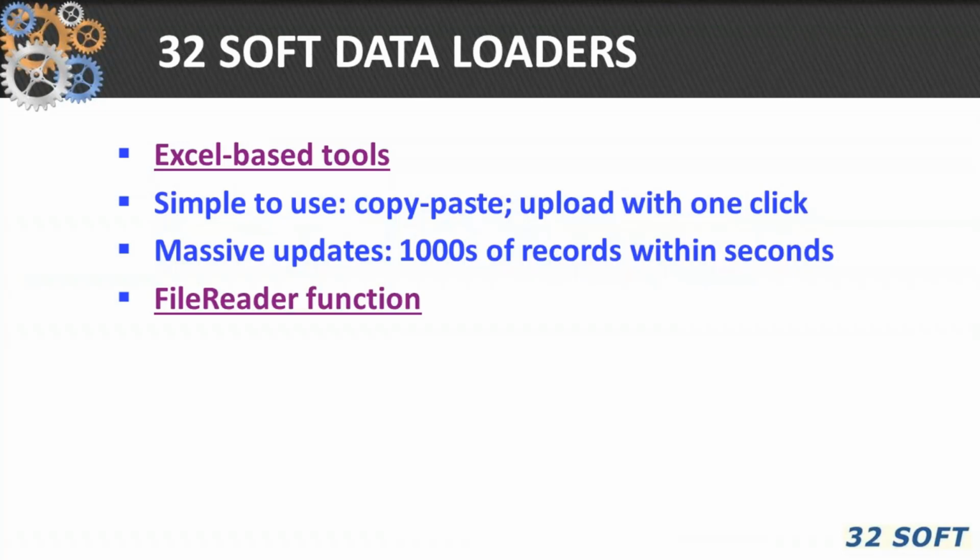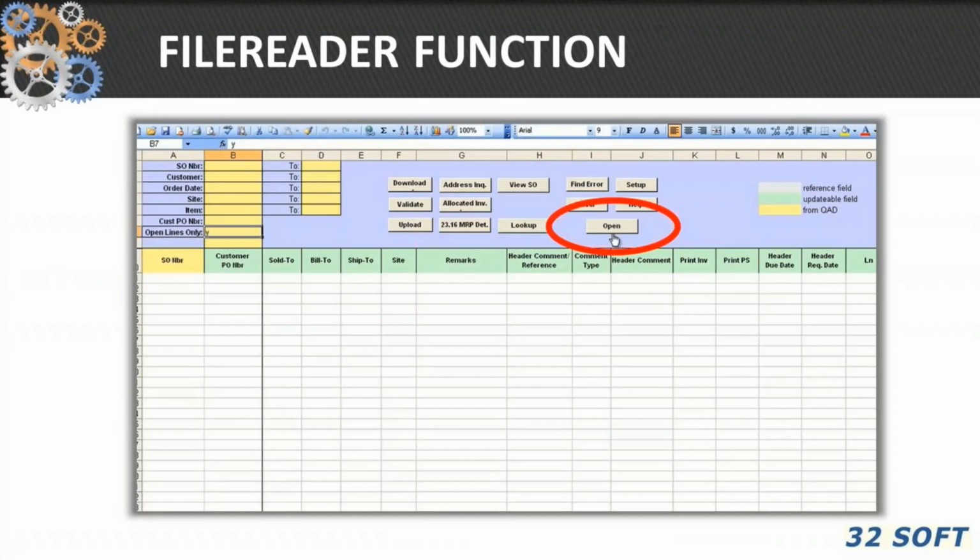There is a file reader function. So very, very handy if you receive data files in consistent format. Whether it's XML or EDI or text, CSV or Excel file, this function will automatically read the file and place the data elements to the proper ranges on the spreadsheet, and you can upload with one click.